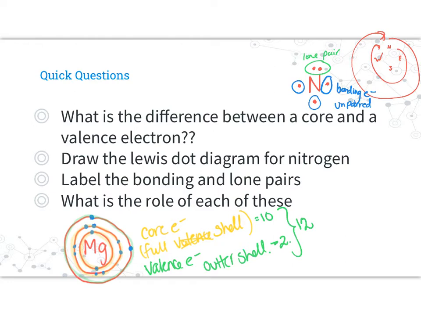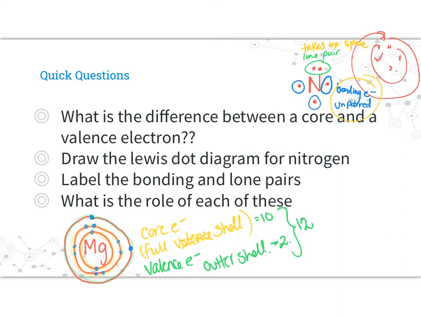What's the role of each of these? A lone pair doesn't really do anything super exciting. It just takes up space. For our purposes, we'll say that. Later on in chemistry, they do have some reaction ability, but we really just talk about them as taking up space right now. Bonding electrons can do just that. This is where we can bond.